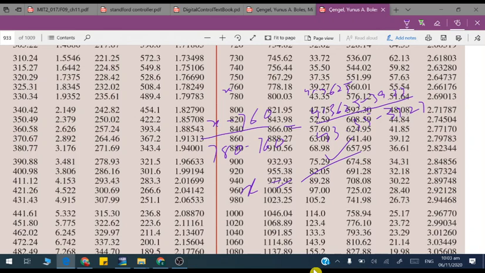Shortly, x equals 760 plus 20 multiplied by the bracket: 41.3625 minus 39.27, divided by 43.35 minus 39.27.